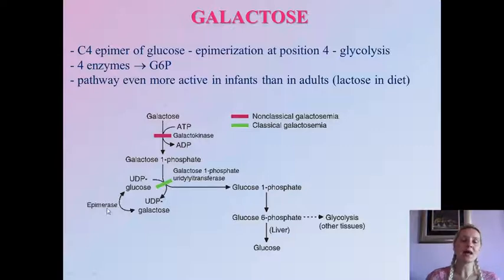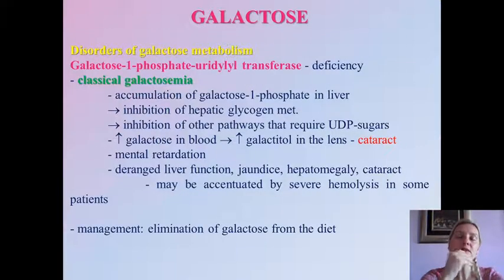UDP-galactose, when activated, is then epimerized by a specific epimerase at position number 4, which requires NAD plus as an intermediate, to UDP-glucose, which can accept another molecule of galactose 1-phosphate. Regarding the disorders of this pathway, it's the deficiency of galactose 1-phosphate uridylyl transferase that leads to the development of classical galactosemia.